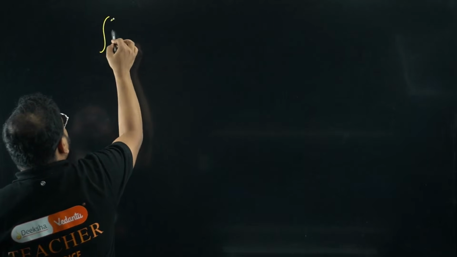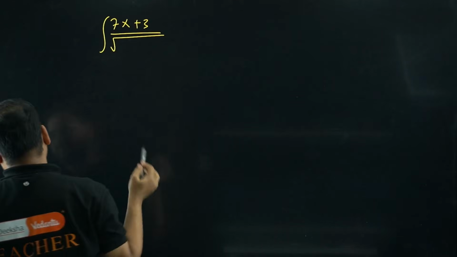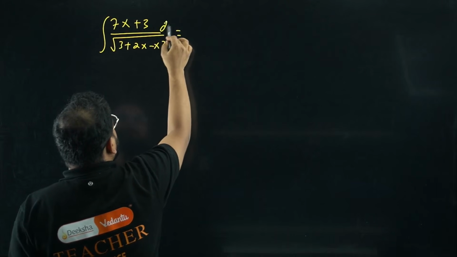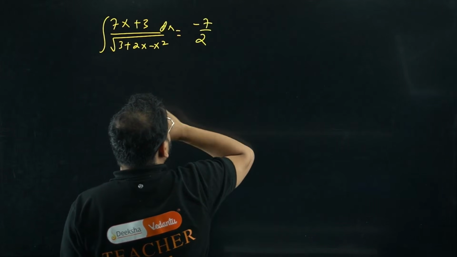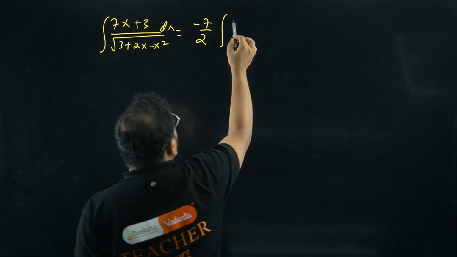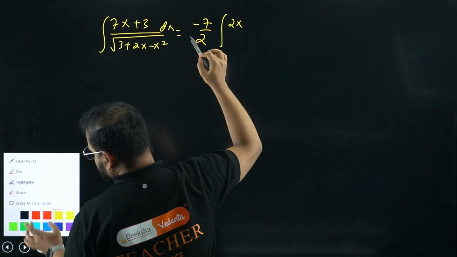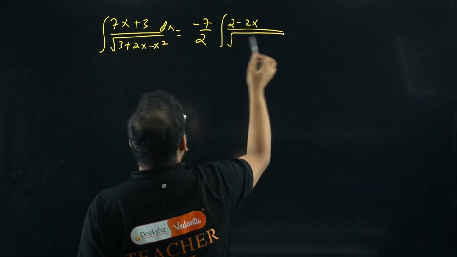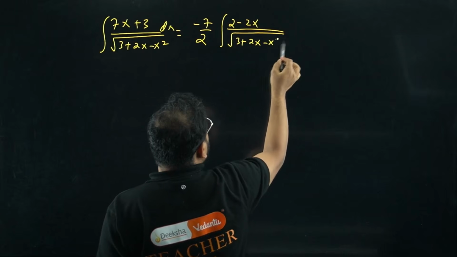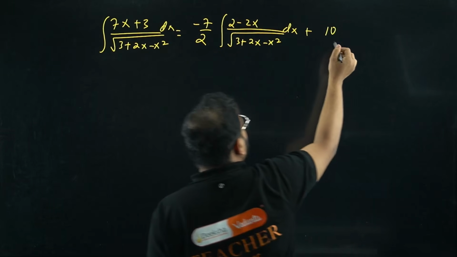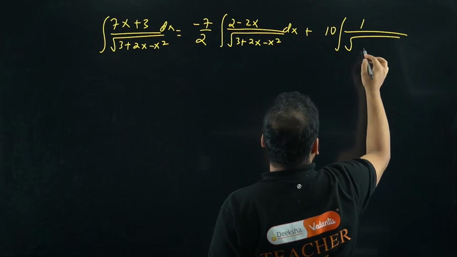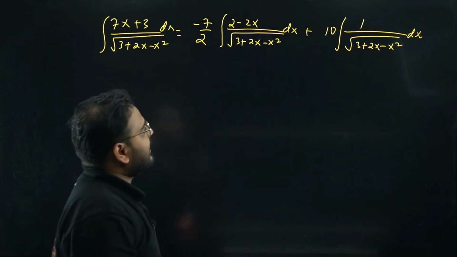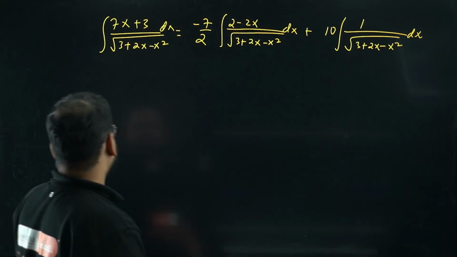The integration of 7x plus 3 divided by root of 3 plus 2x minus x square will become minus 7 by 2 times the integration of 2 minus 2x divided by this whole root, 3 plus 2x minus x square dx, plus 10 times the integration of 1 upon root of 3 plus 2x minus x square dx. This is clear, not a problem at all.